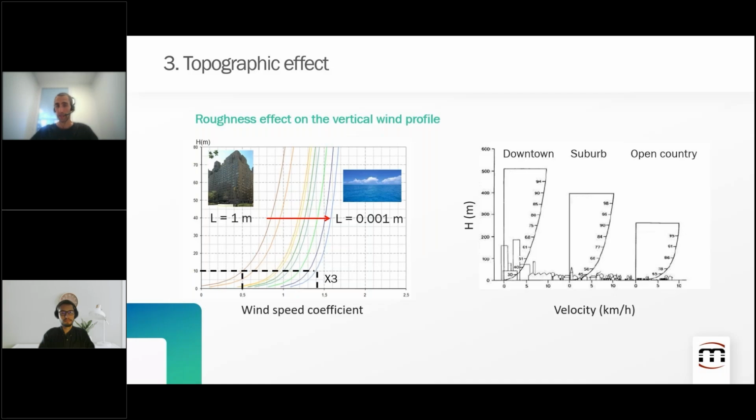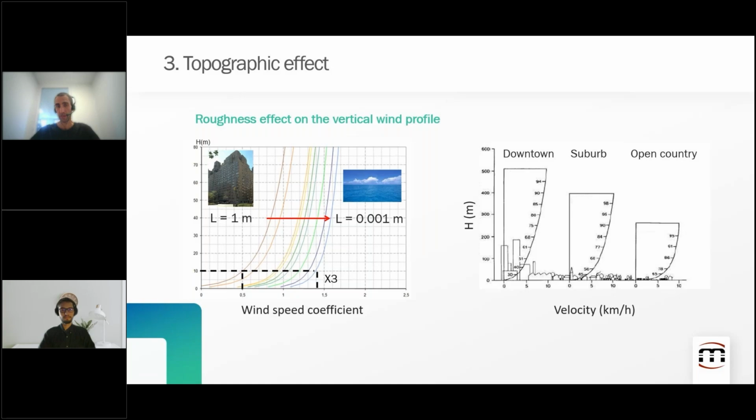On the right chart, you have the same approach, except that it's not a coefficient, it is the real mean speed expressed in kilometers per hour for different wind profiles according to different land occupations.